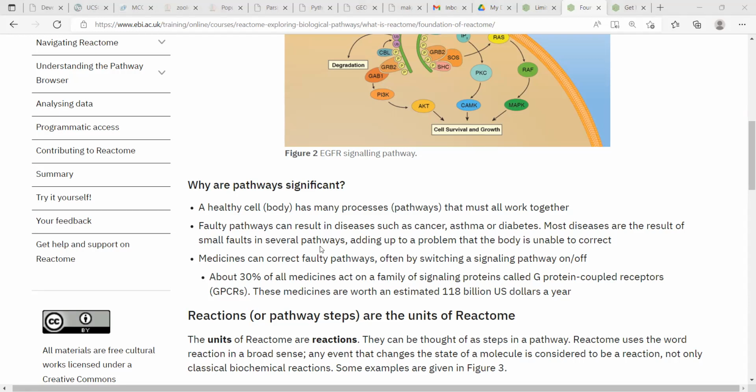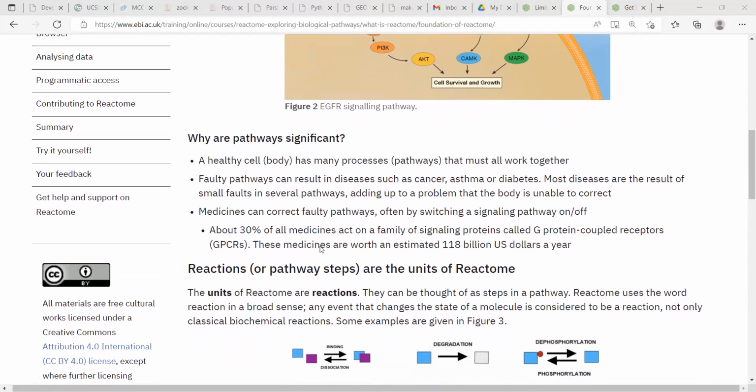Obviously, faulty pathways can result in diseases such as cancer or diabetes. Interestingly, some medicines can correct these faulty pathways, often by switching a signaling pathway on or off.